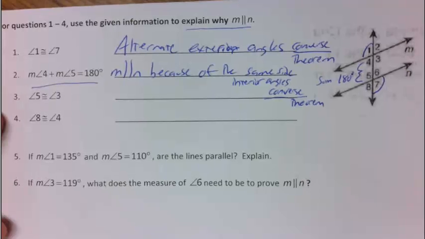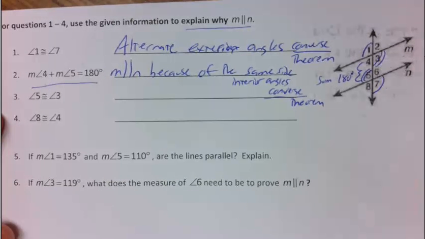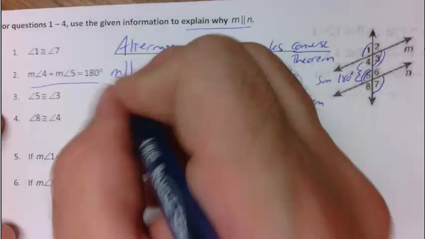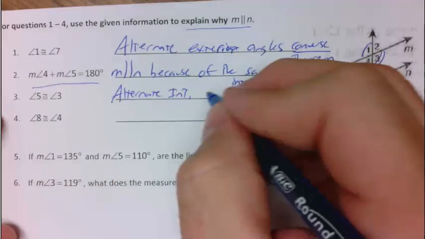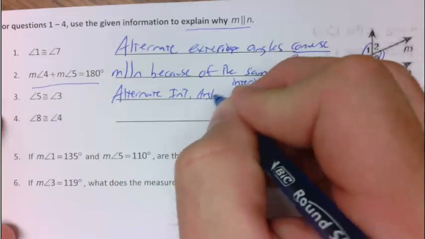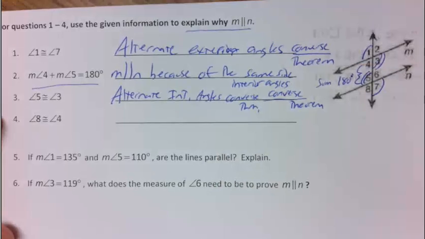All right, how about 5 and 3? 5 is congruent to 3. I recognize those as alternate interior. And since they're congruent, well, I can use the alternate interior angles converse theorem. Okay? How about 8 and 4?